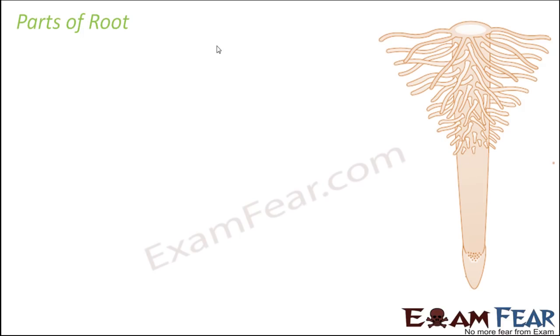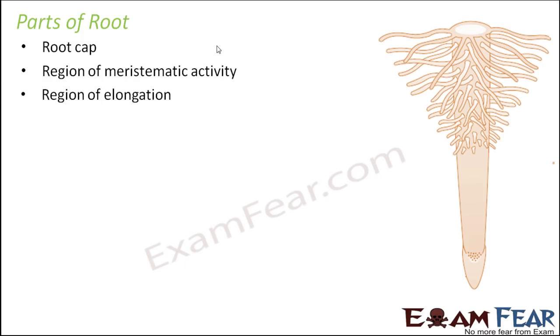The different parts of a root are root cap, region of meristematic activity, region of elongation, region of maturation, and root hairs.